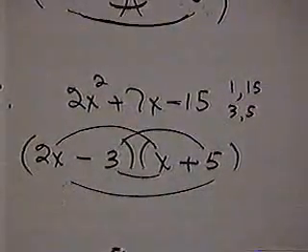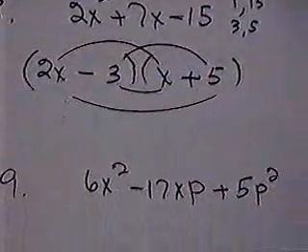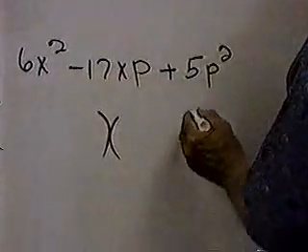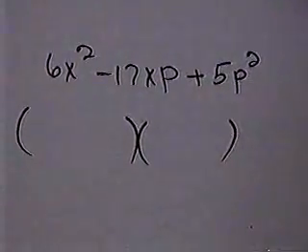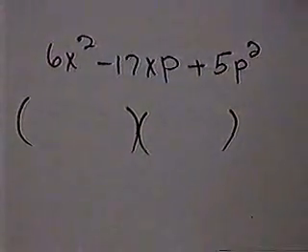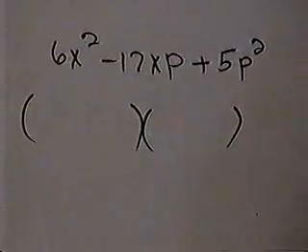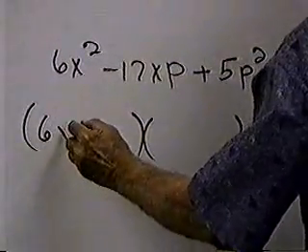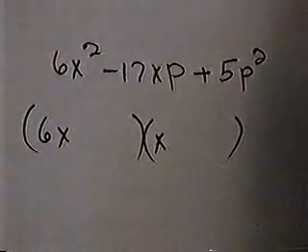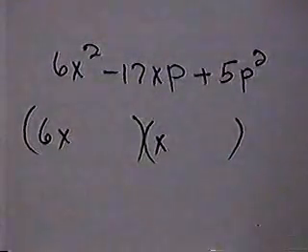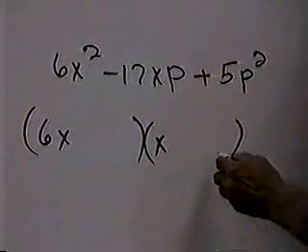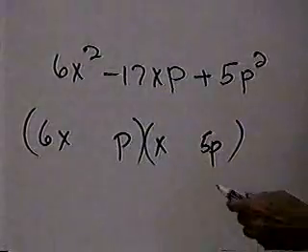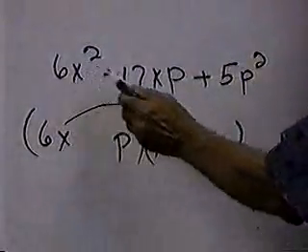Okay, let's go to example 9. All right, here we go. Well, first factor is 6 and 1. Last factor is 5p and p. Now, first times the first, yes.